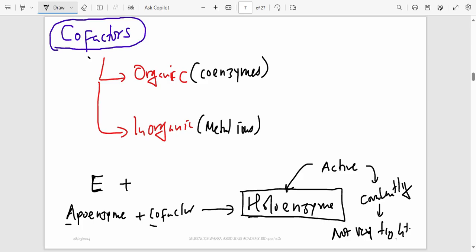So what examples are we able to give of organic cofactors, or coenzymes, and the metal ions which will act as cofactors? So coenzymes will include the vitamins, and this one also, 2022's and 2021's exams, you can check it, you'll find it.